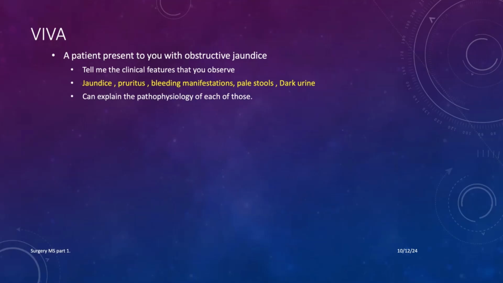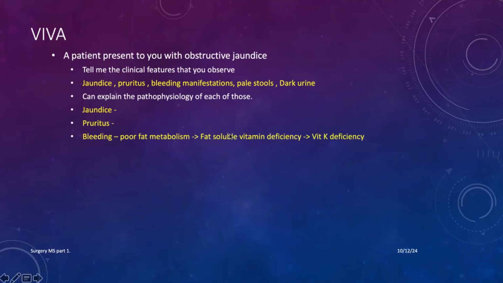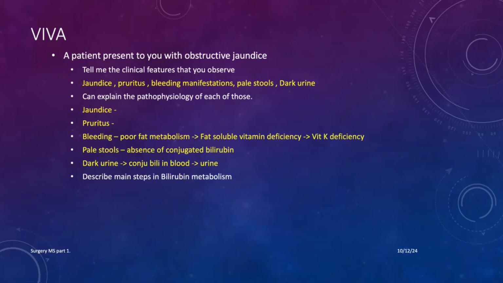The stercobilinogen excretion is less and the urobilinogens are rising, isn't it? So you talked about jaundice, pruritus and bleeding, fat soluble vitamin deficiency with K deficiency. And pale stools, absence of conjugated bilirubin in the intestine, and dark urine because of conjugated bilirubin in urine.